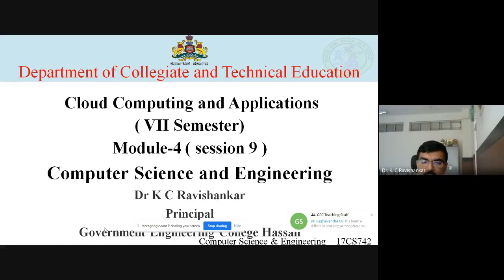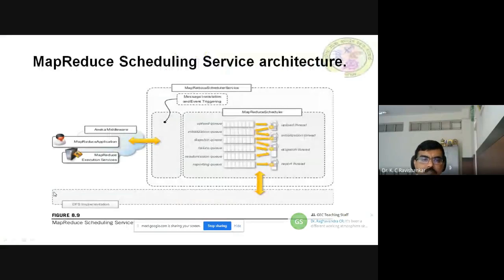Let us see the first one, the scheduling architecture. In the MapReduce scheduling service architecture, there will be the Aneka middleware, and MapReduce application execution as well as MapReduce scheduling executions are shown in this picture.